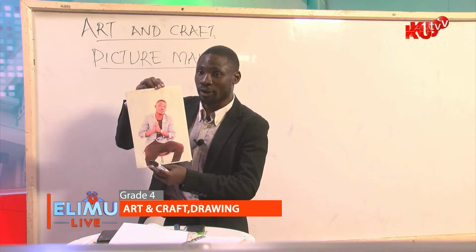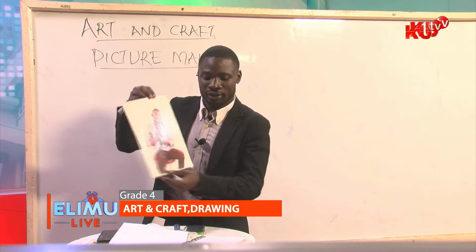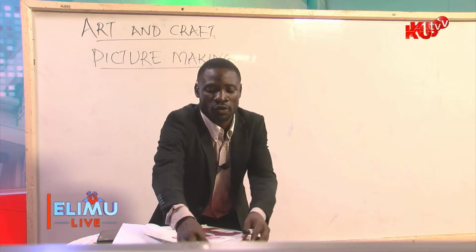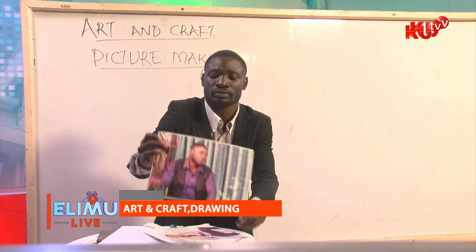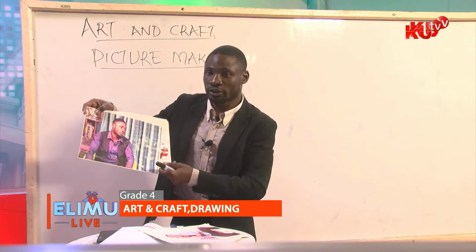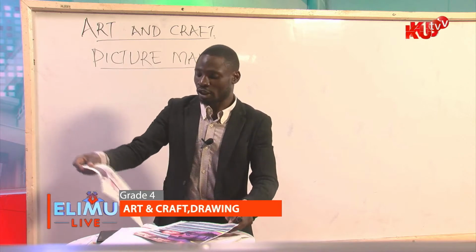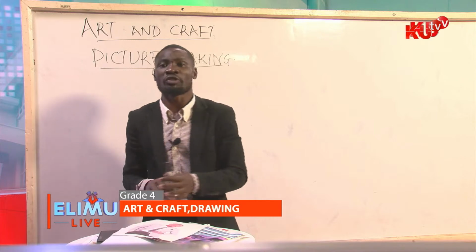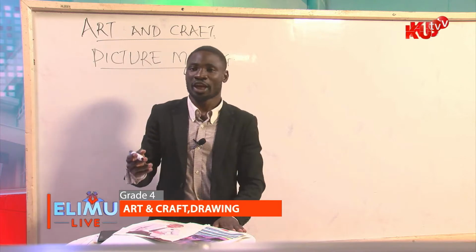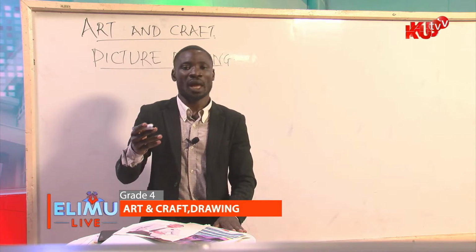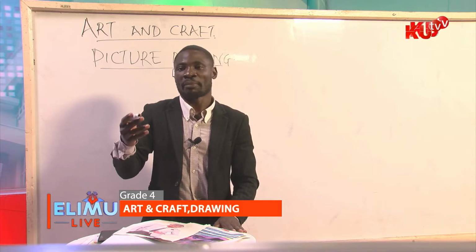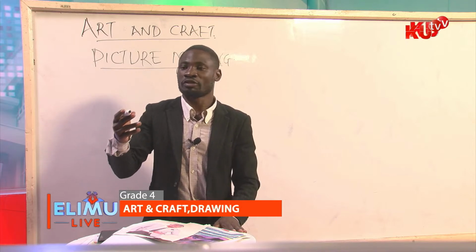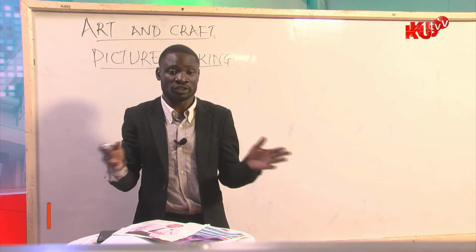This is a picture of somebody. We have varieties of them. This is another one. These are pictures. It can be a picture of anything, a picture of a building, a flower, a plant, an animal, anything that you desire to make.